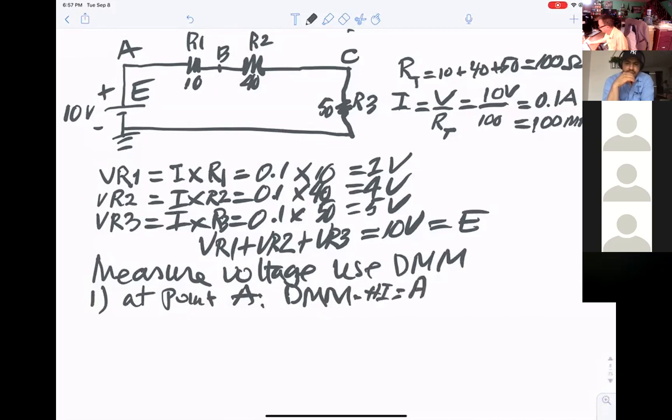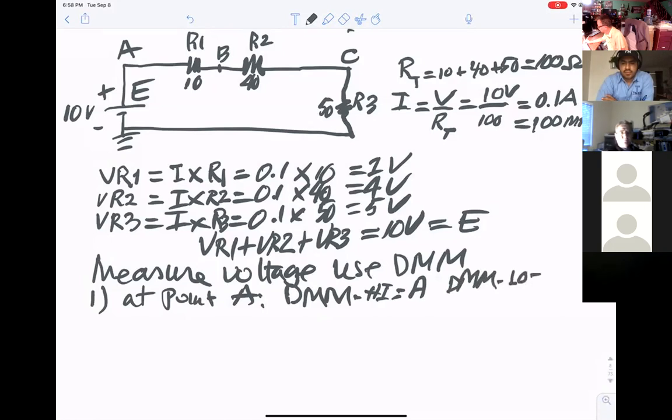Point A. You put the positive side at A, and the low side to where? Ground. Very good. High means positive, the high side of the meter. Tomorrow we'll show you the meter.